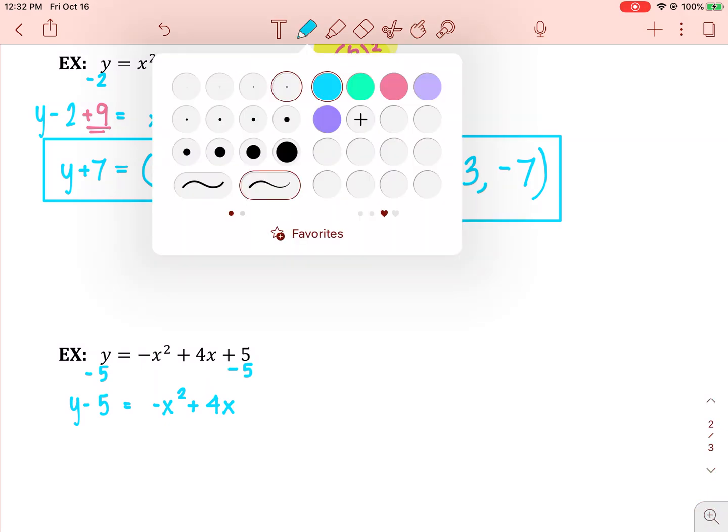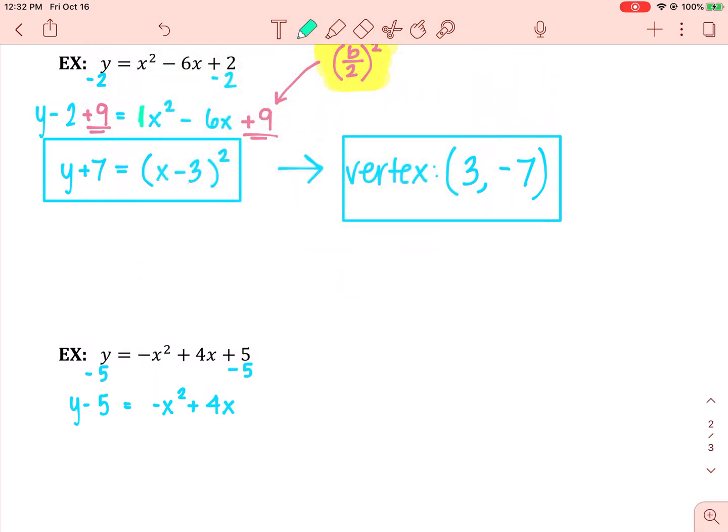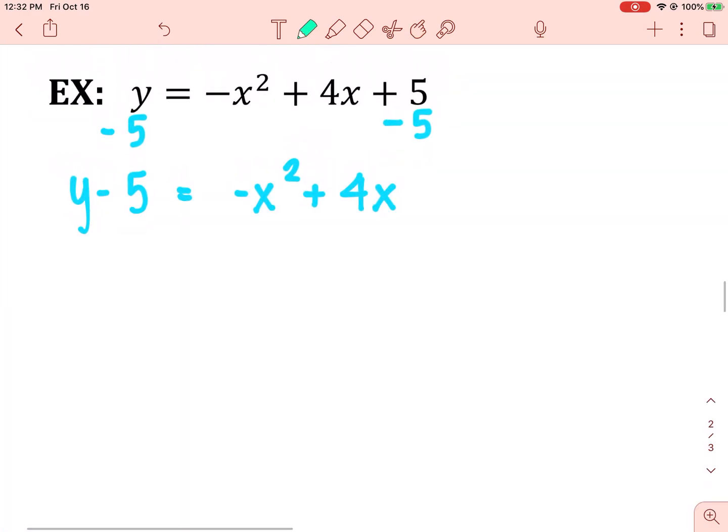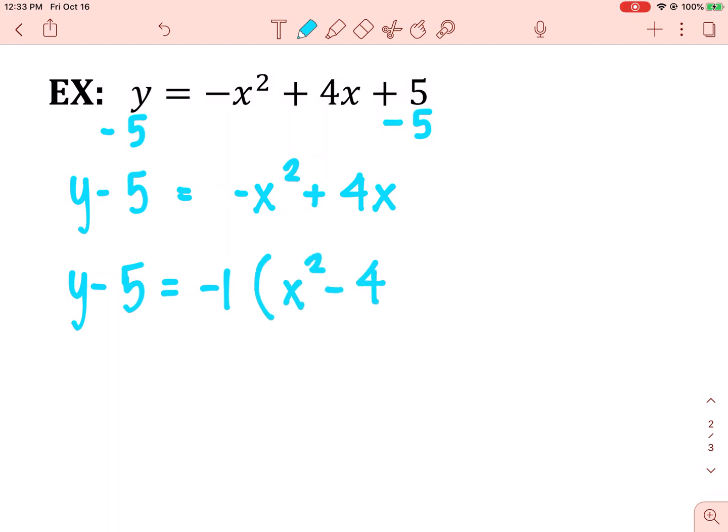Notice I was able to do that because this was a coefficient of positive 1. In this case, I have a negative 1 as my coefficient of x squared. I cannot complete the square yet until I factor out that negative 1. It's going to look like so. You have to have a coefficient of positive 1.